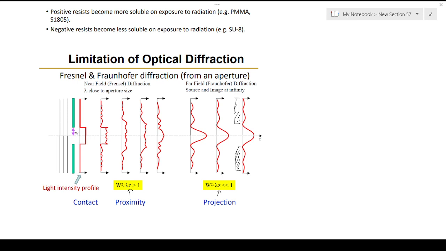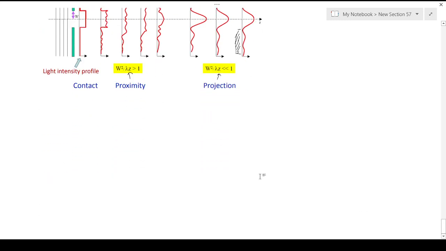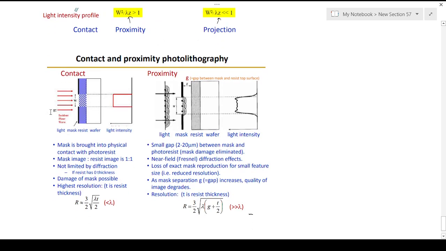So we call it the contact and proximity photolithographic technique.